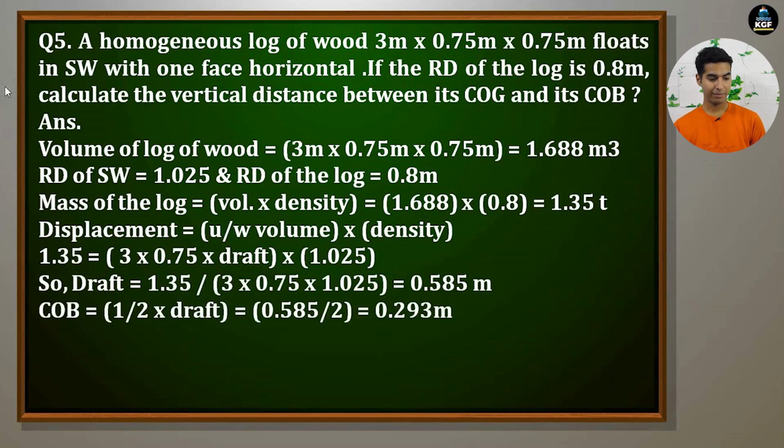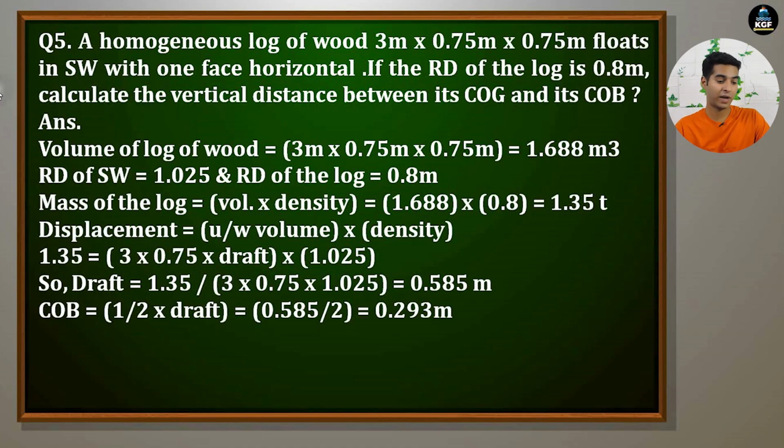Now COB will be 1 by 2 into draft. COB, KB, and COB means we have to find the point of buoyancy. So the draft will be 0.585. COB, which equals the KB, which equals 1 by 2 into draft, which equals 0.293. Now if you have to find the buoyancy for a box shaped vessel, you have to multiply the draft by 2.